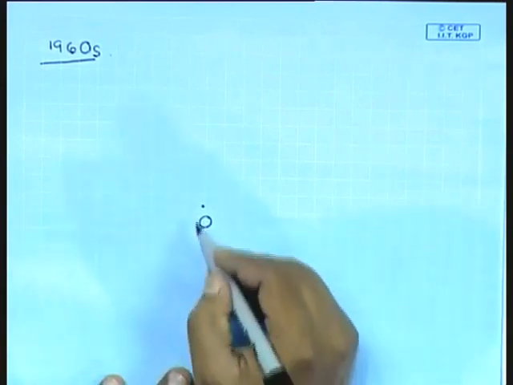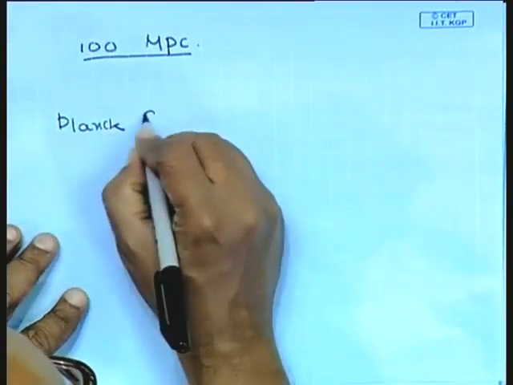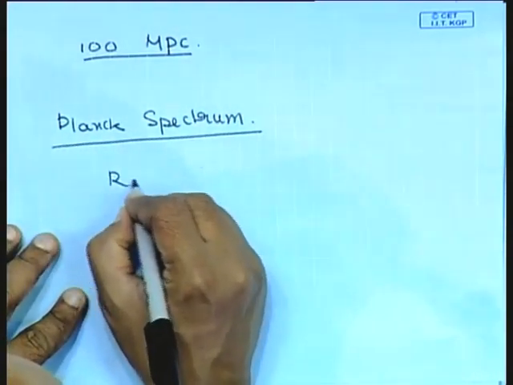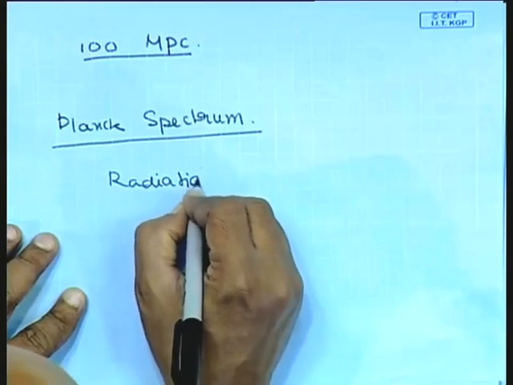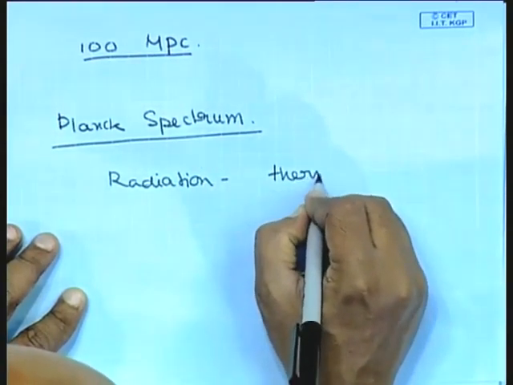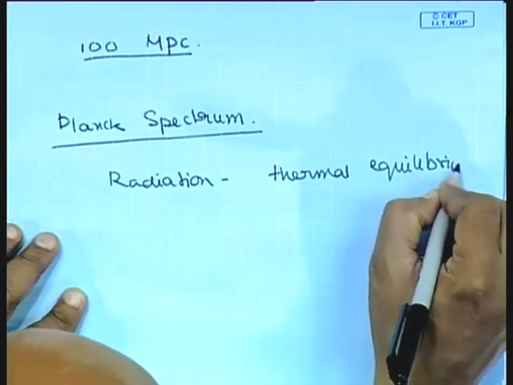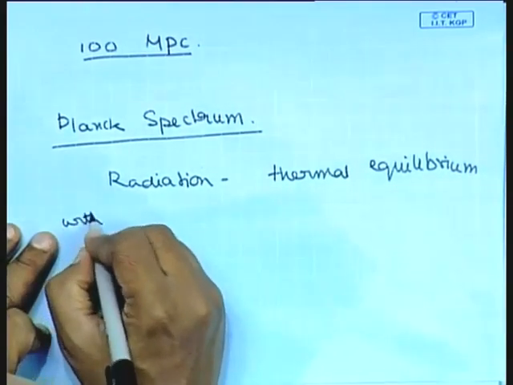Now if a radiation has a black body spectrum, we know that it comes about when radiation is in thermal equilibrium with matter at some temperature T. So, this is something that we know. The Planckian spectrum corresponds to radiation in thermal equilibrium with matter.